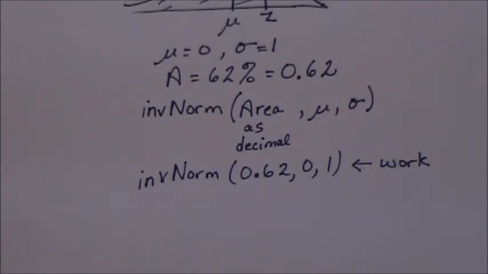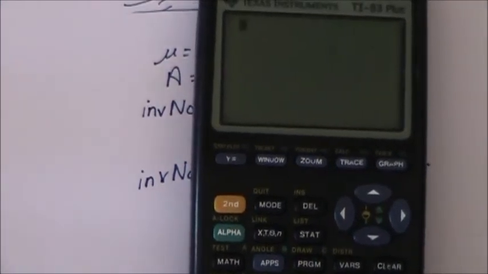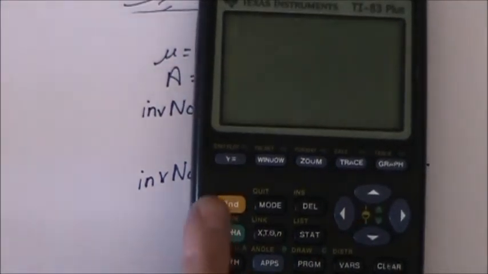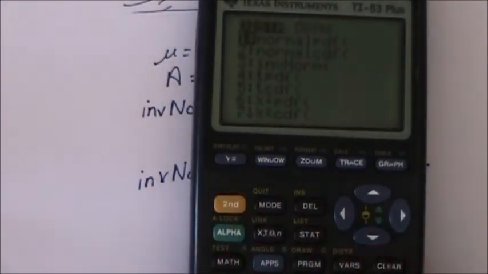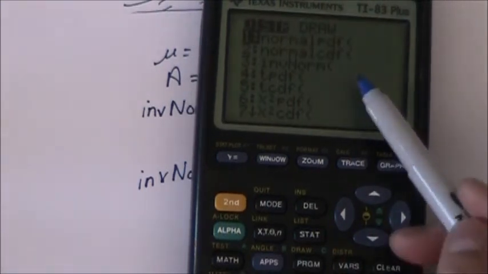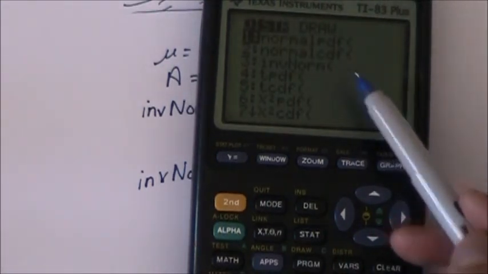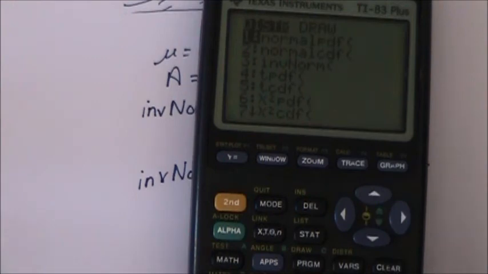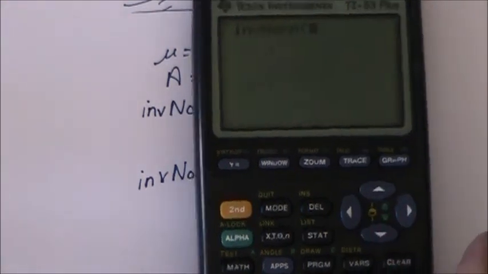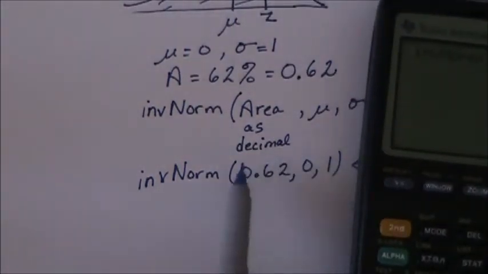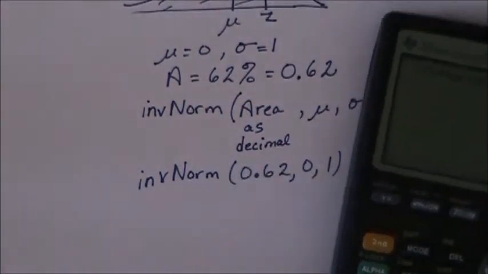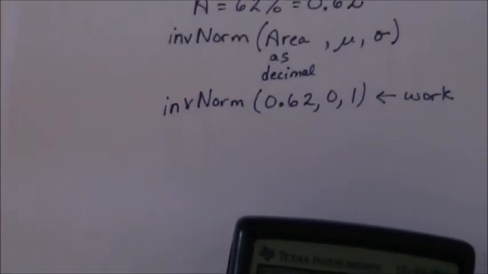We are now going to our calculator to find the inverse norm. It's second vars, and you'll notice that right here, option number 3 has the inverse norm. So we're going to go down to that and hit enter. We're now going to enter in these numbers with the commas after them.